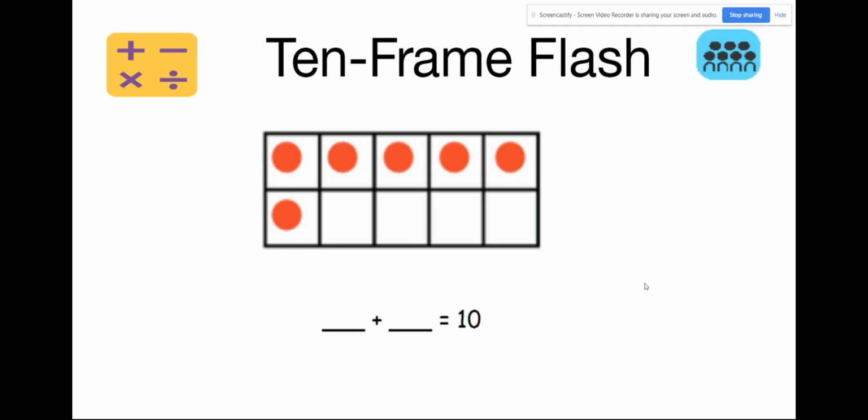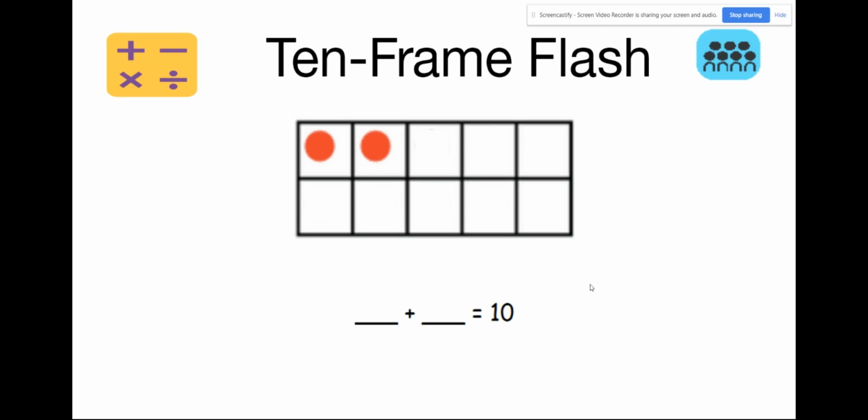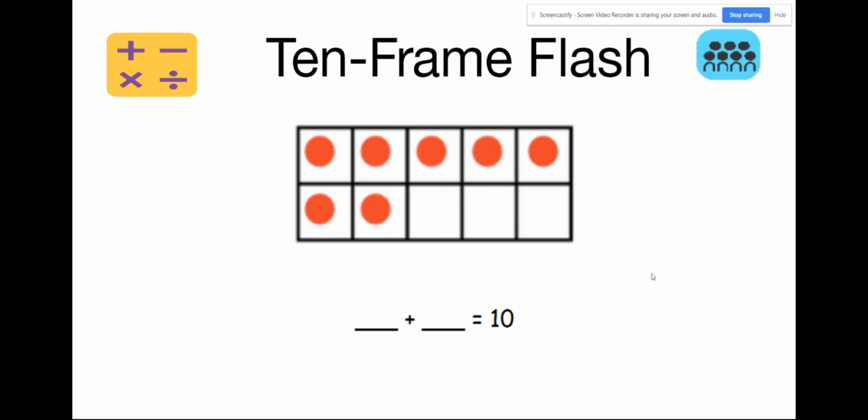I see 6 chips. How many more do I need to equal 10? I need 4 more. 1, 2, 3, 4, because 6 plus 4 equals 10. I have 2 chips. How many more to equal 10? I need 8 more because 2 plus 8 equals 10. I see 7 chips.